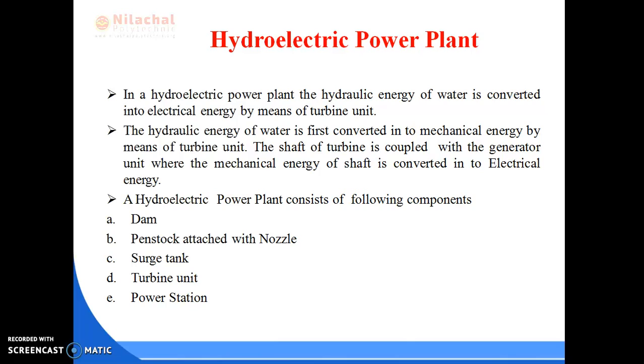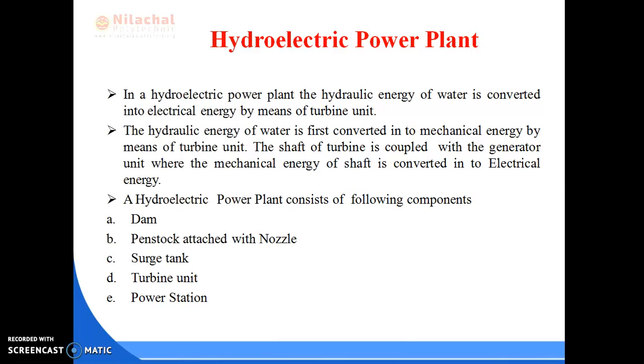There the water energy is converted into mechanical energy at the outlet shaft of the turbine unit. The shaft of the turbine unit is coupled with the generator unit, so the mechanical power obtained from the turbine shaft is converted into electrical energy by means of a generator. This electrical energy is provided to the substation for supply to the population.